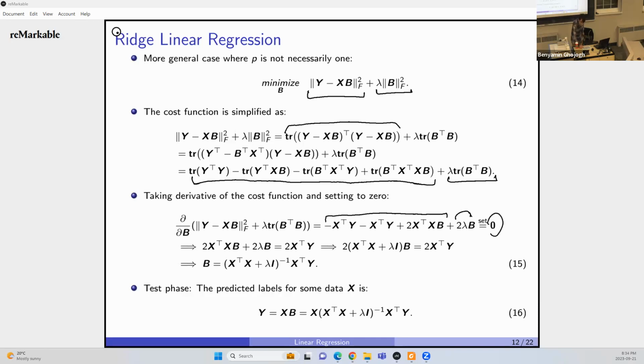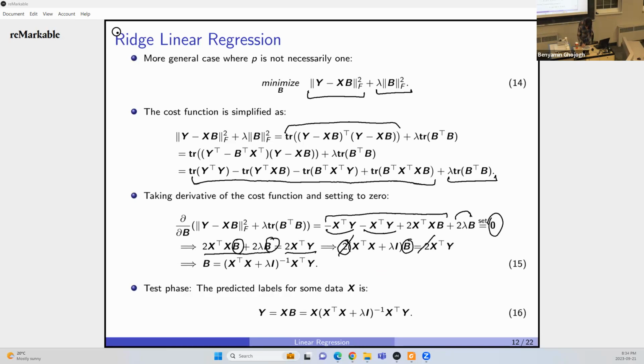Now we set it to 0. This 0 is a 0 matrix, because this derivative is a matrix. Now rearrange the terms. So minus 2 X transpose Y, bring it to the other side. We factor out 2, and factor out B on the right.